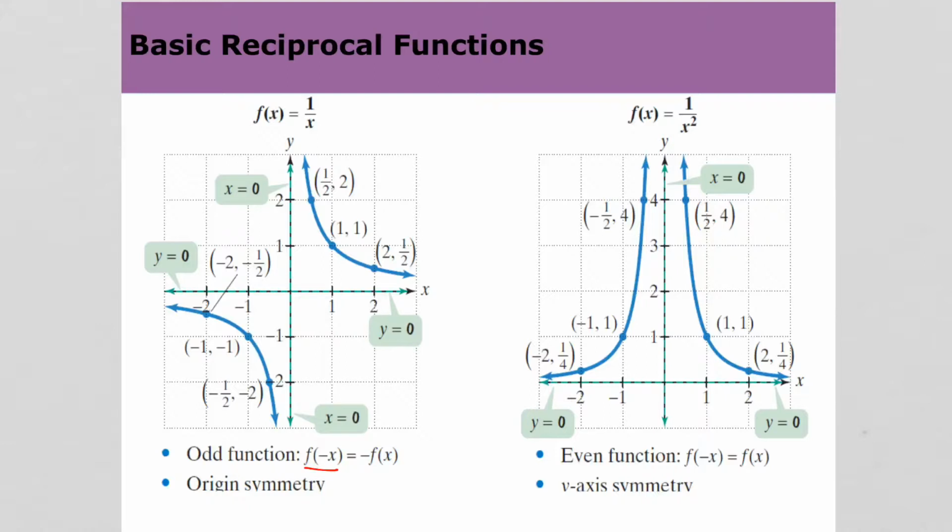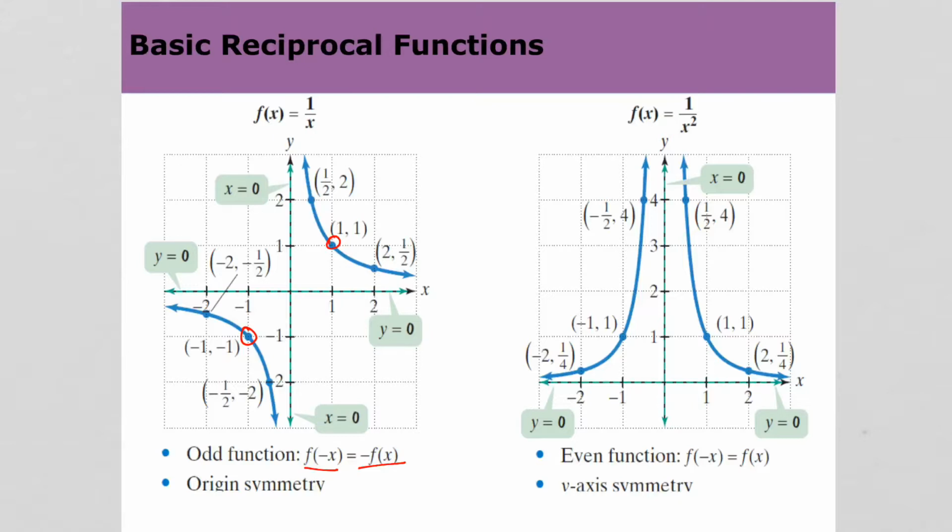If you plug in f of negative x, and we've covered odd and even functions and symmetry in previous sections, if you plug in negative x for x, you get negative f of x. Basically, if 1, 1 is a point, then negative 1, negative 1 will be the other. That's the same thing, tells you that the symmetry is about the origin.